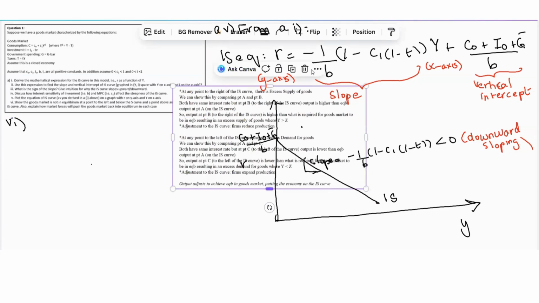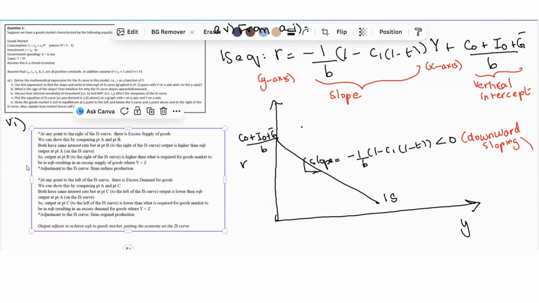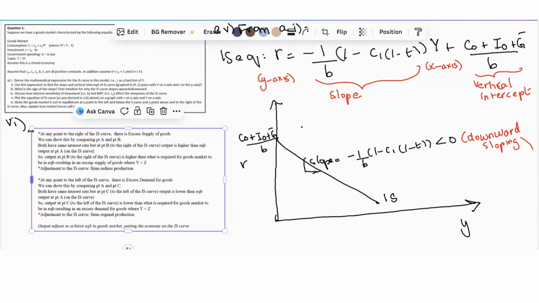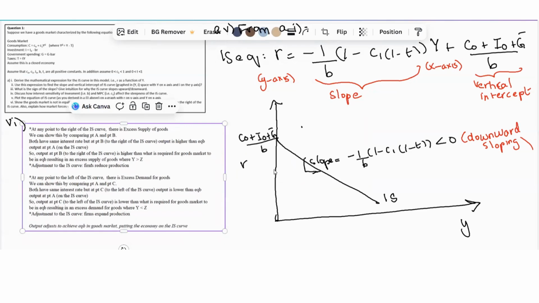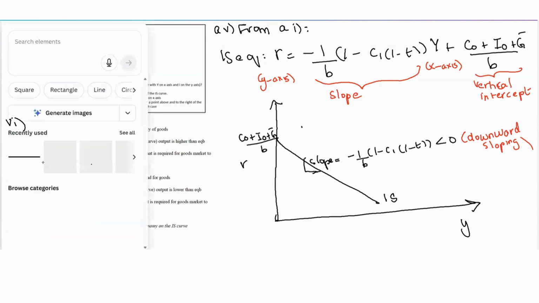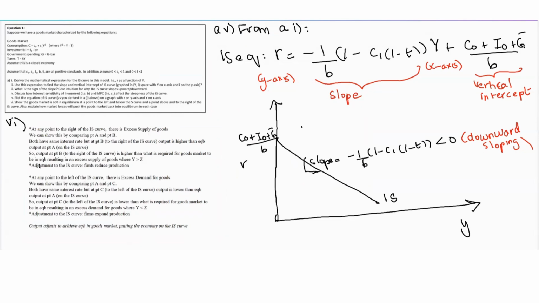What sort of goods market disequilibrium do we have towards the right of the IS curve and towards the left of the IS curve? This is the answer for part 6. Let's first look at a point to the right of the IS curve: do we have excess demand for goods or excess supply of goods? On the IS curve we have equilibrium, off the IS curve we have disequilibrium, and we want to see what sort.